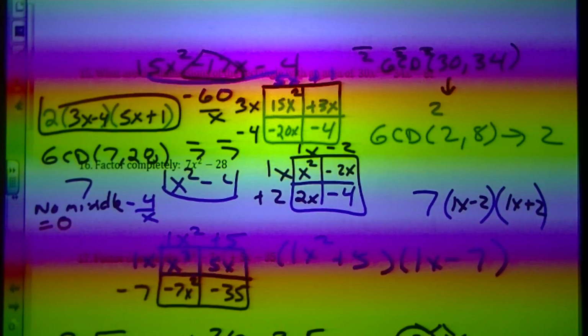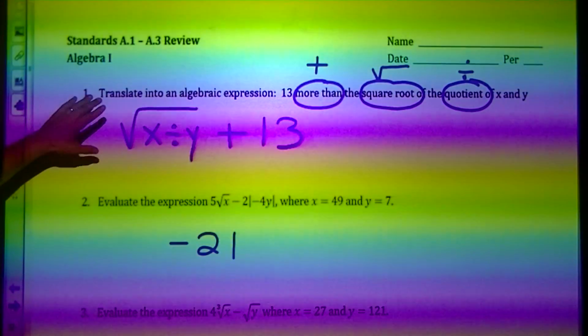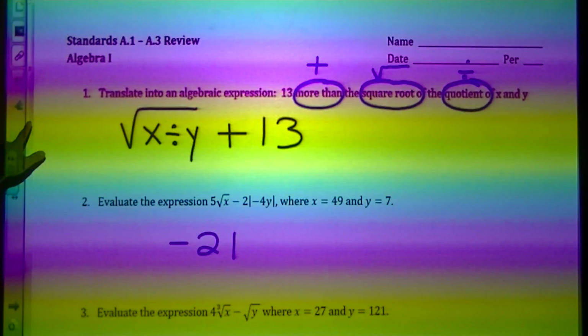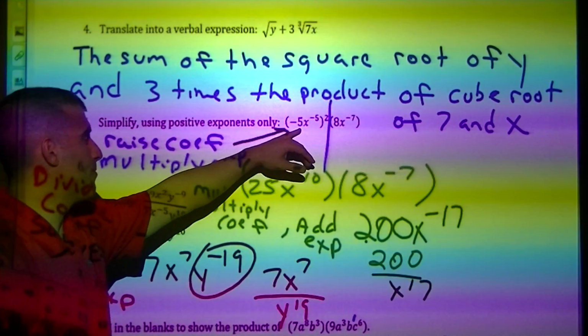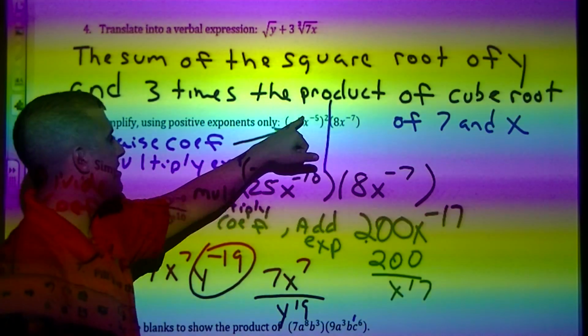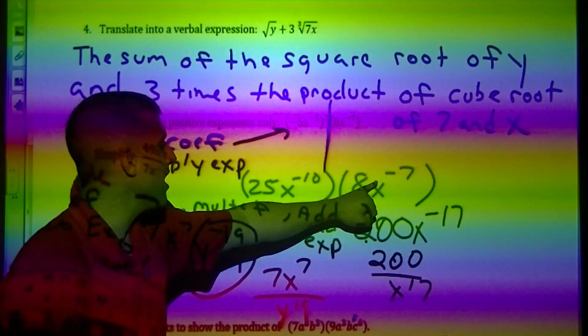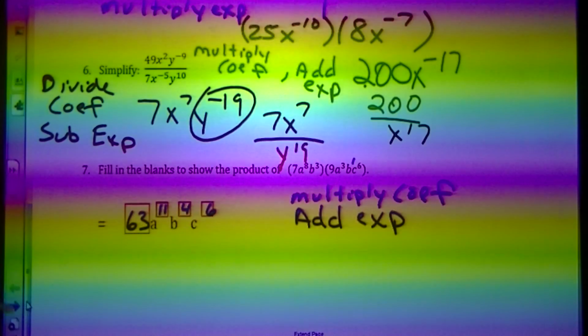Going back through the unit test, there's a couple key things you want to hit on. There are some things on converting, and substituting stuff into the calculator. Exponent rules are a big part of it. You got to know your exponent rules: power raising, multiplying, dividing, that's big. That's basically the first part.